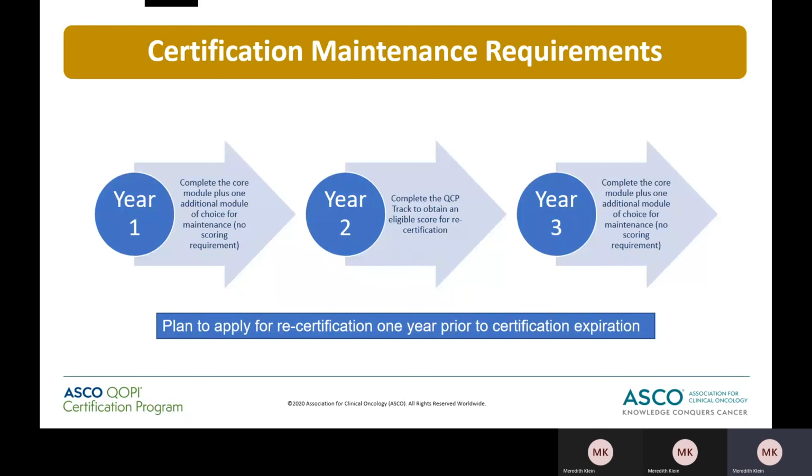This is to help make sure you obtain an eligible QOPI score for the recertification process using that QCP track to get the overall quality score of 75% or higher. Once you have that, you can apply for certification within that year. Then the ultimate goal is going to be to make sure that you achieve your next recertification term before the current certification term lapses.